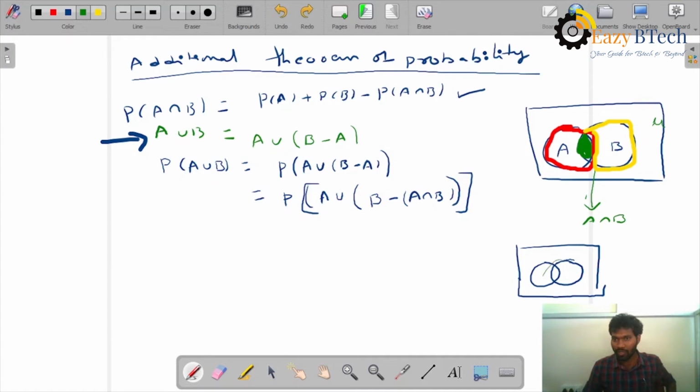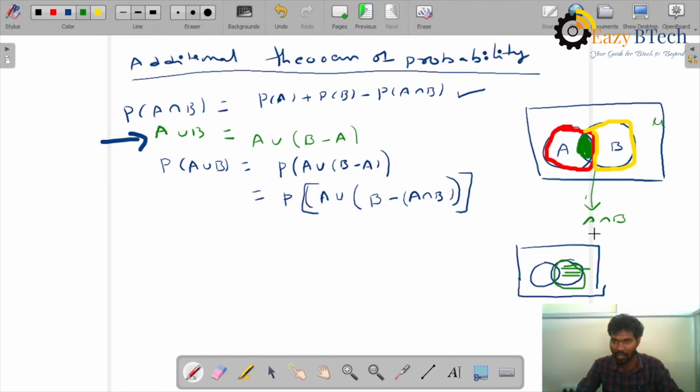This is the part we have to consider here. So this is the individual B. From total B, if you take out this small part, what is the small part called?